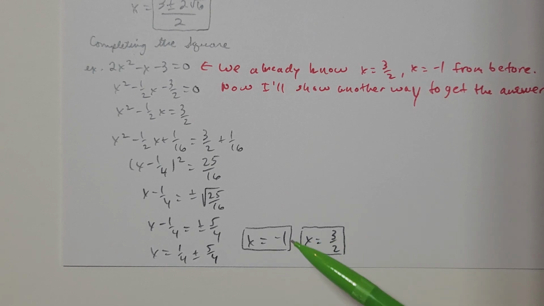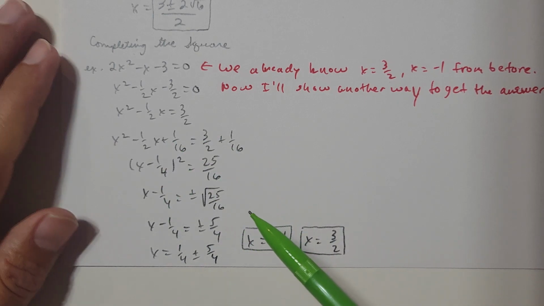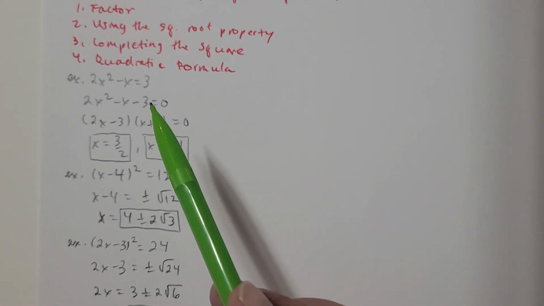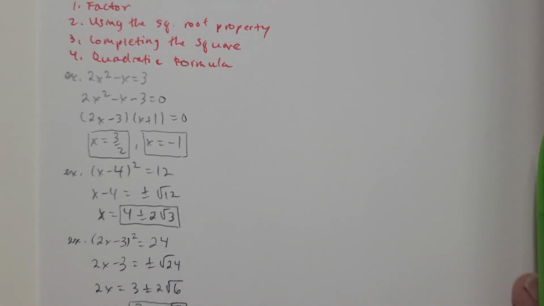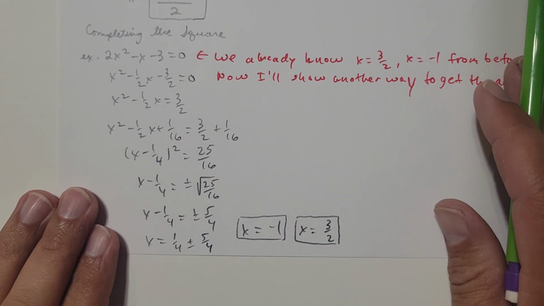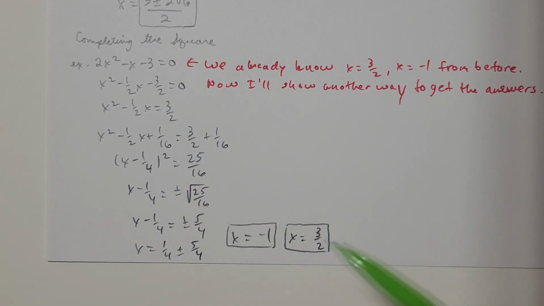Okay, well, the reason for completing the square is not because of situations like this where we can easily factor and get the results. Okay, it's for situations where we can't factor. So maybe let me show you a better example of completing the square. Because this one factored to begin with, so we could factor it and get the results, right? Let me show you a better example.